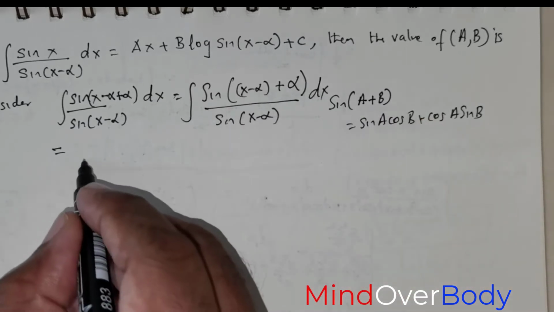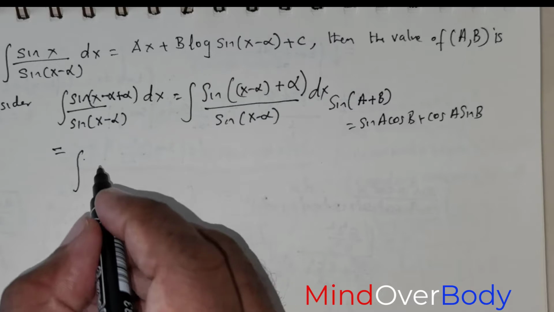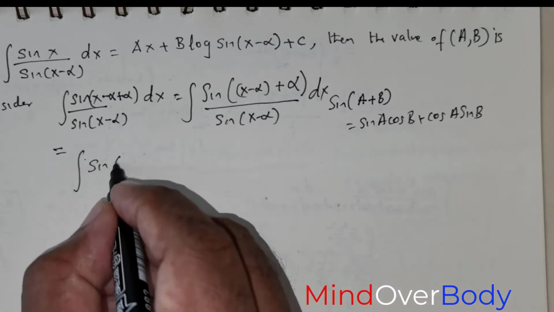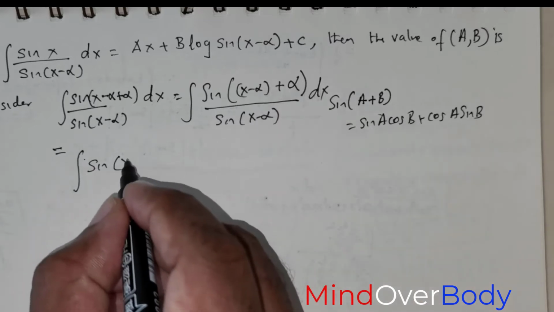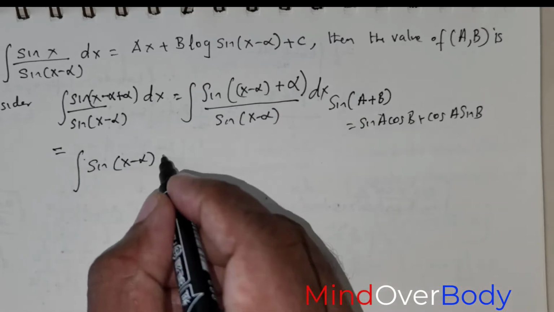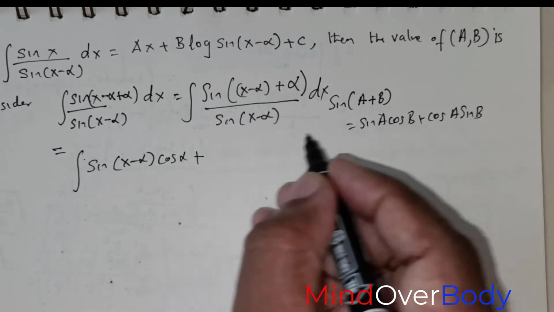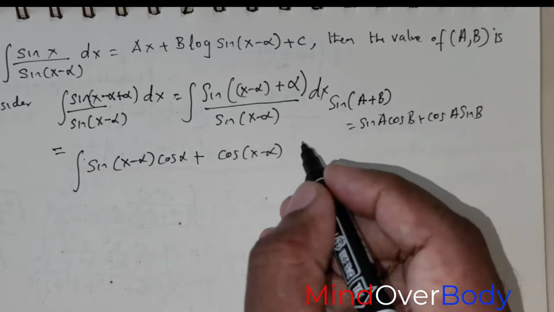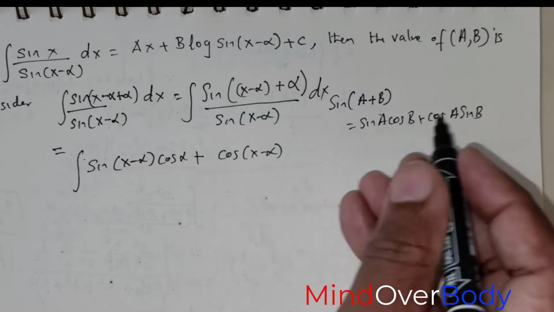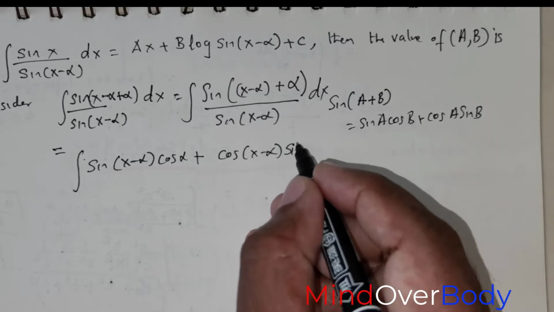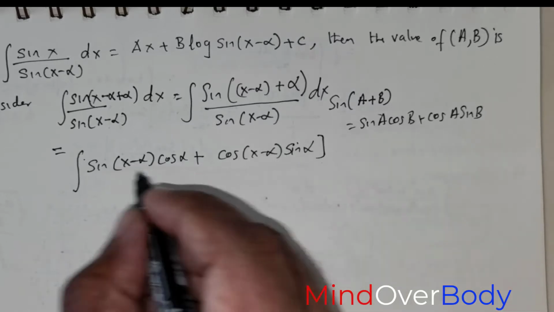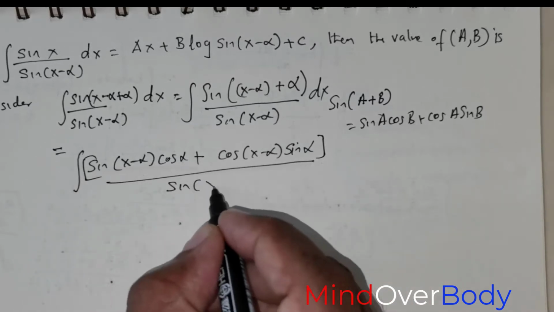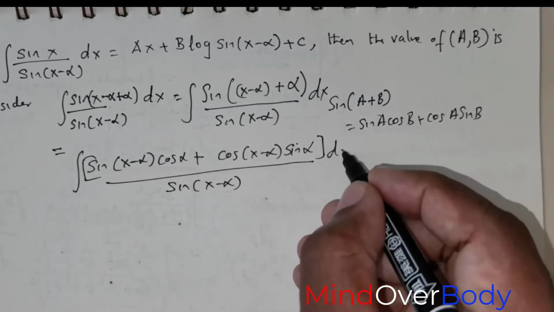Applying this formula, this is sin of (x minus alpha) times cos alpha plus cos of (x minus alpha) times sin alpha. So this is what we have got, and it has to be divided by sin of (x minus alpha) dx.